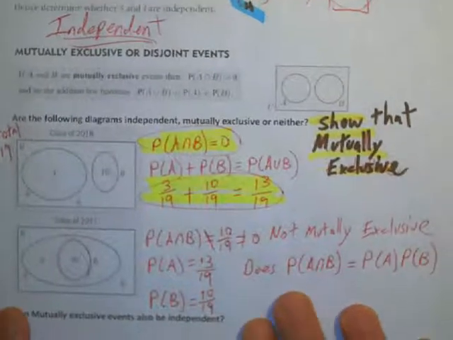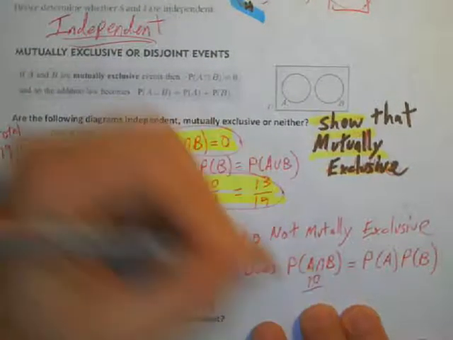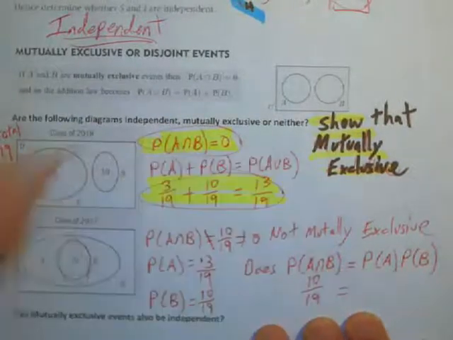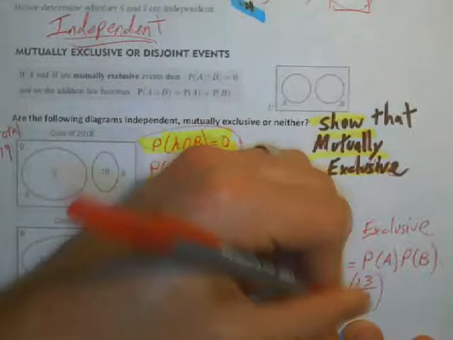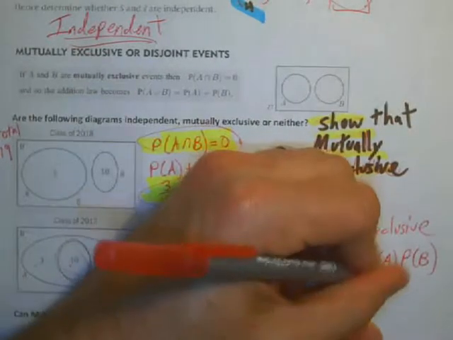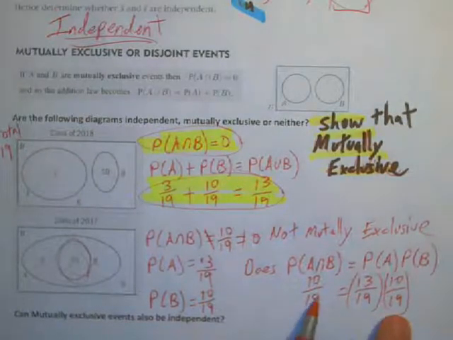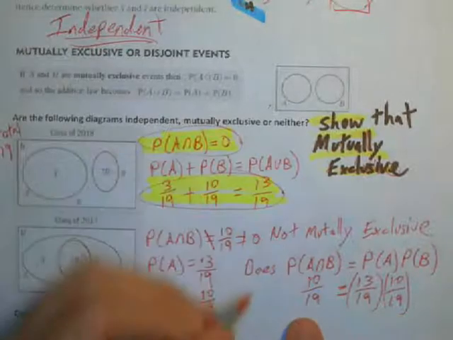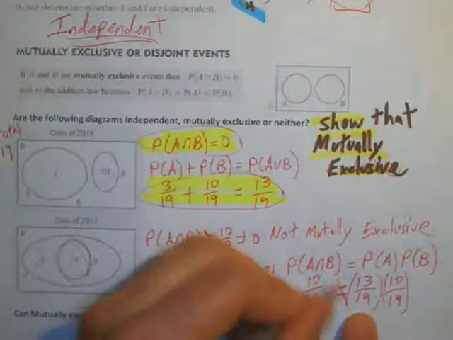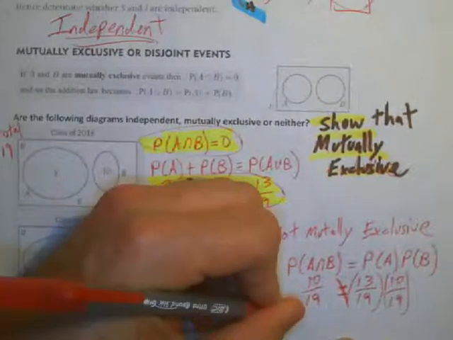Well, A intersection B is 10 over 19. Probability of A is 13 over 19. Probability of B is 10 over 19. Is this times this going to be equal to this? No, it can't, because how can 10 over 19 be 10 over 19 times anything other than 1? So it's not independent.